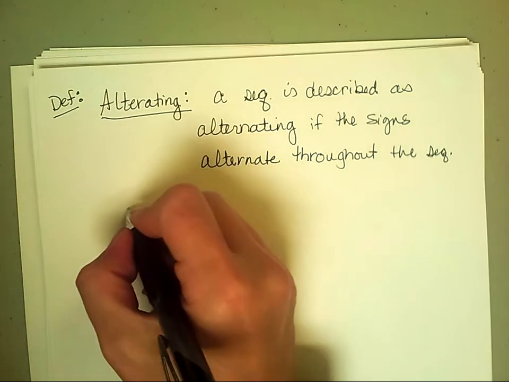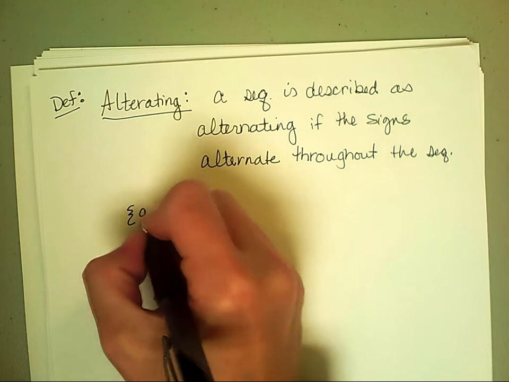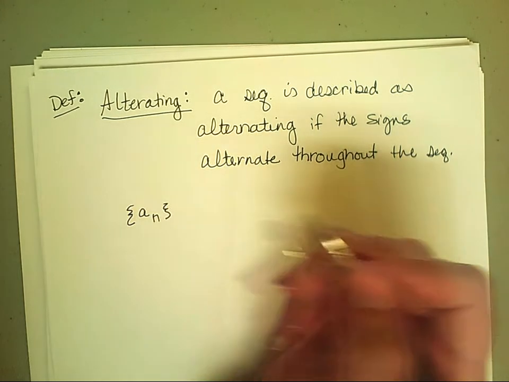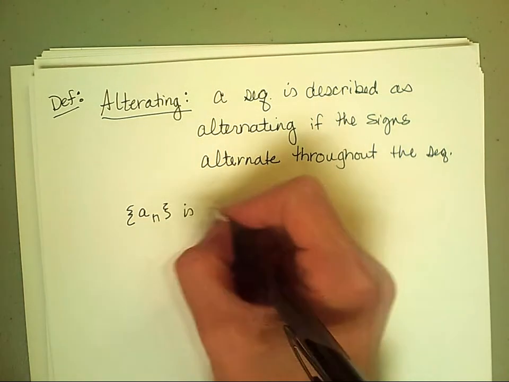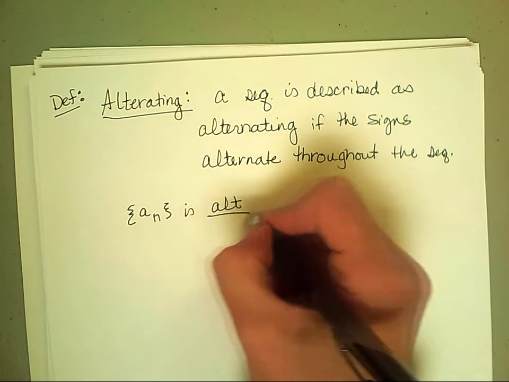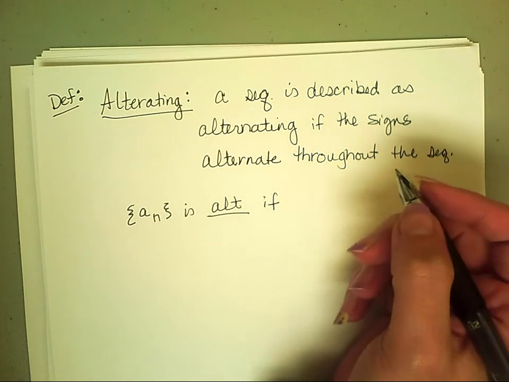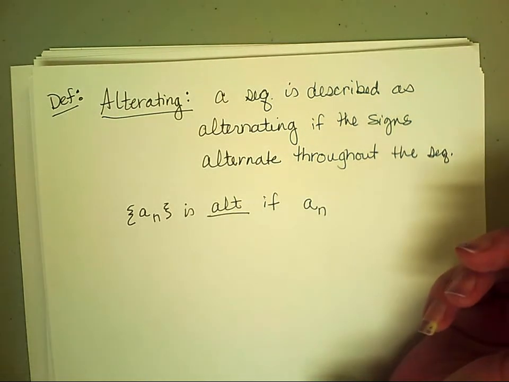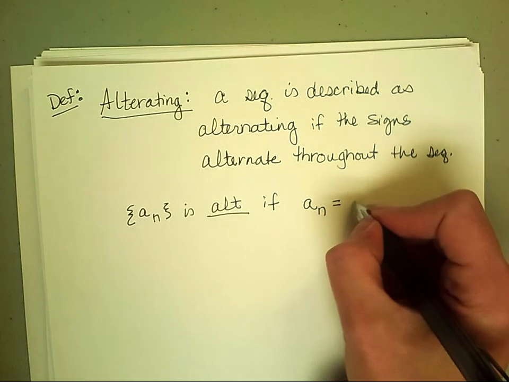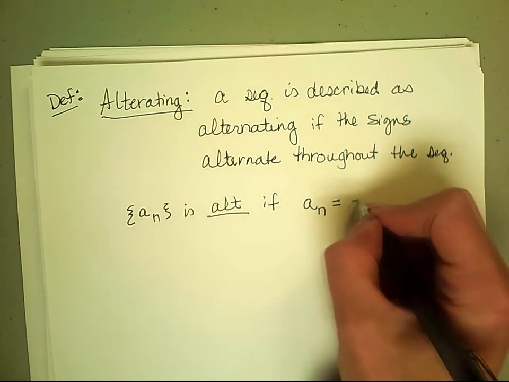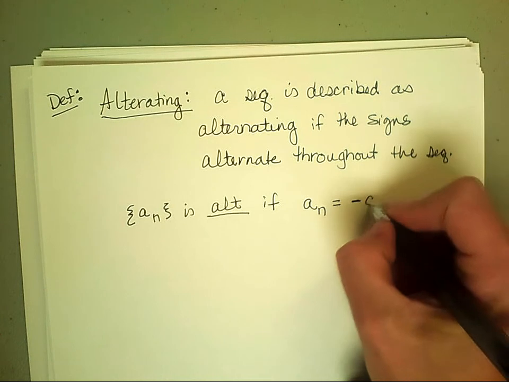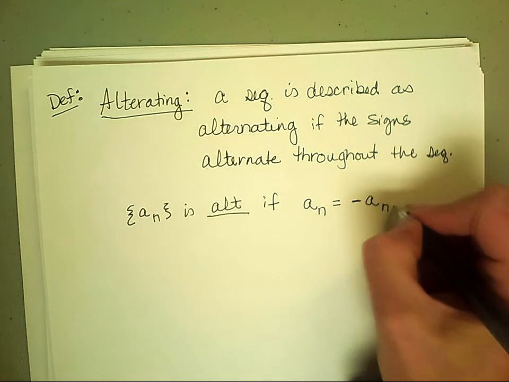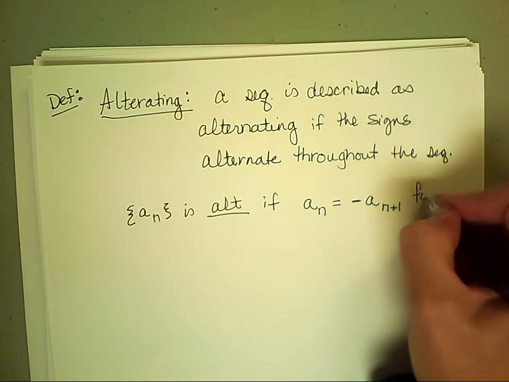So another way for us to say this is a sequence a sub n is alternating if the nth term is equal to the negative of the one after it, for all n.